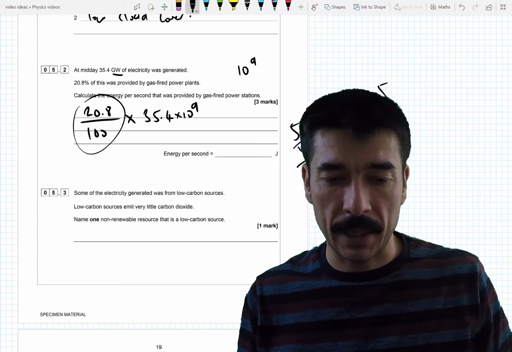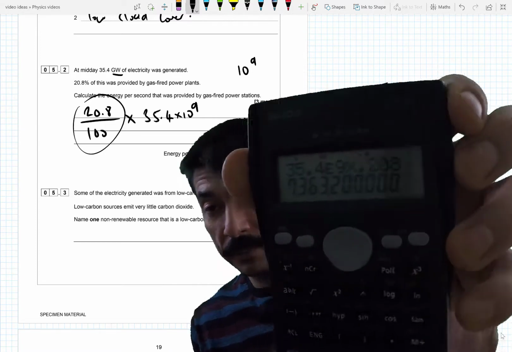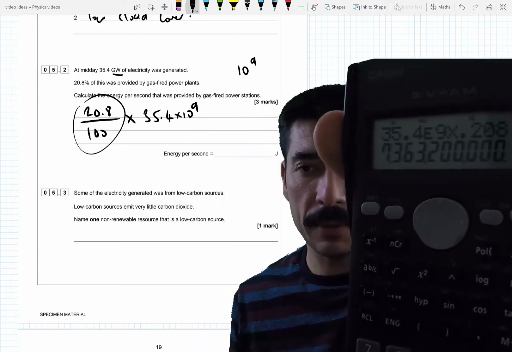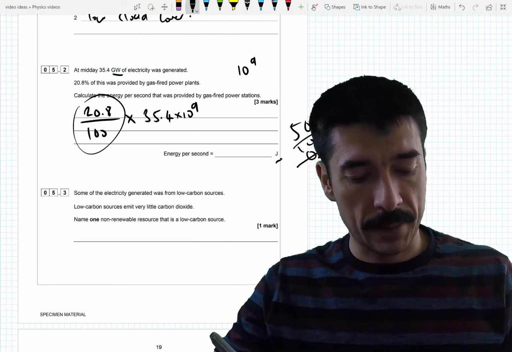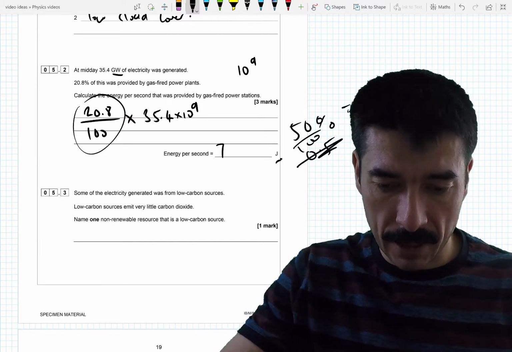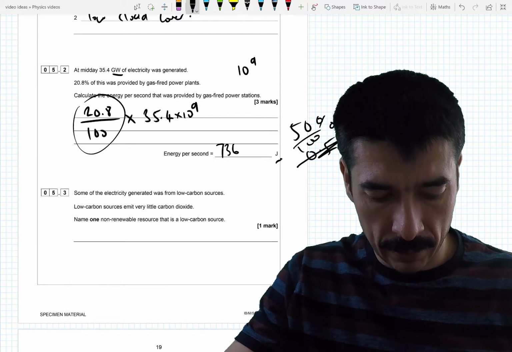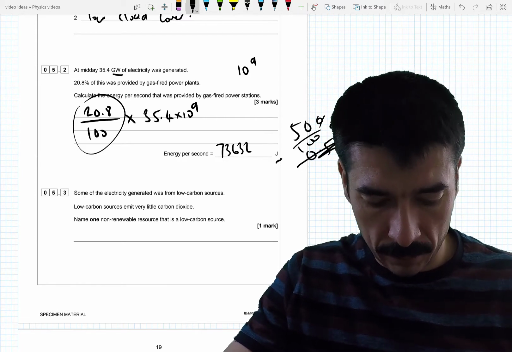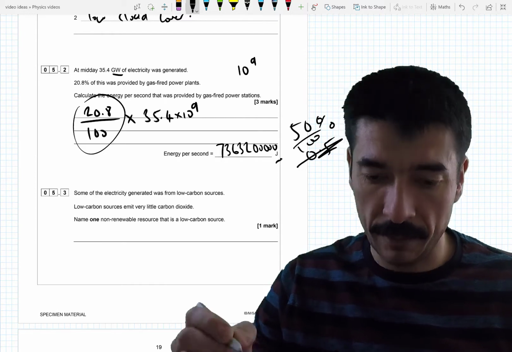And that gets me a very, very large number. But they're forcing me to express it this way because they're giving me the unit joules. So it's going to come out as 73632 and then 5 zeros, 1, 2, 3, 4, 5.